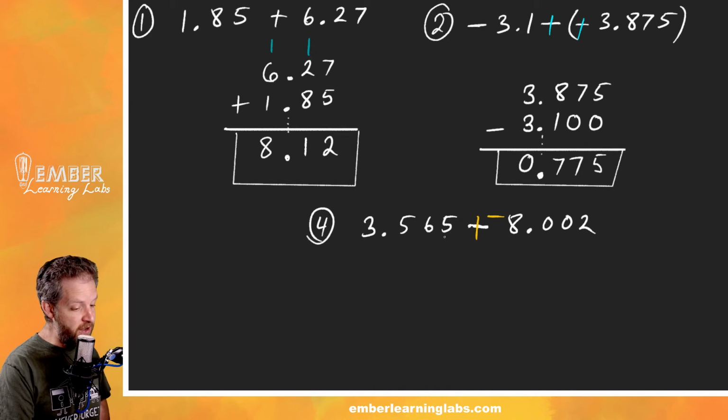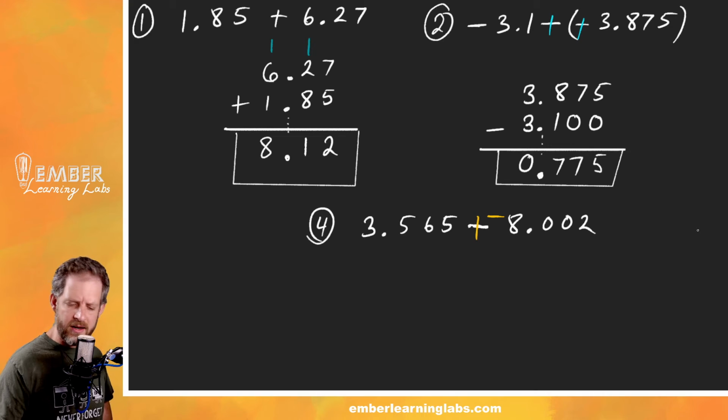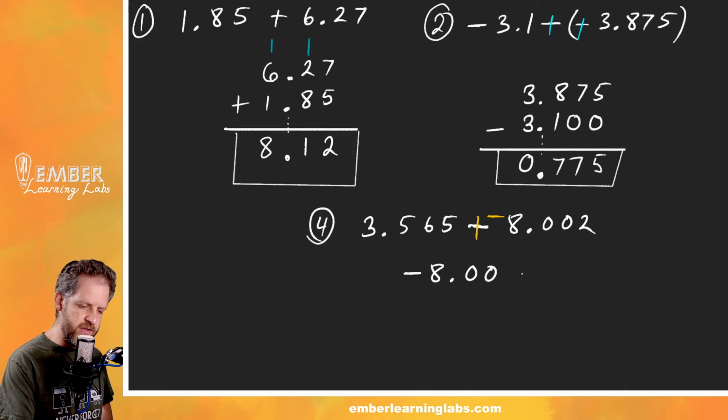All right, so the signs are different, positive, negative. We're going to subtract. We're still going to write the numerically larger one on top. Now, I like to write this, and I'm going to enunciate this clearly here. This is going to look a little different than what you've seen before because we have negative 8.002. And you can put a plus down here.